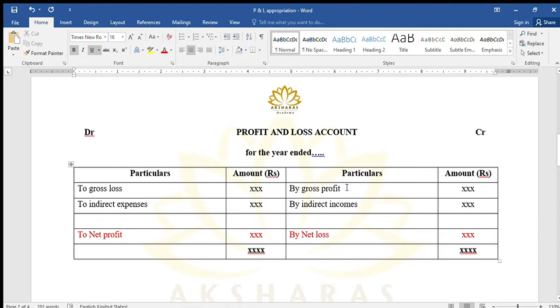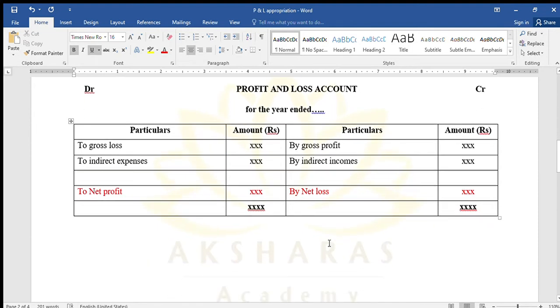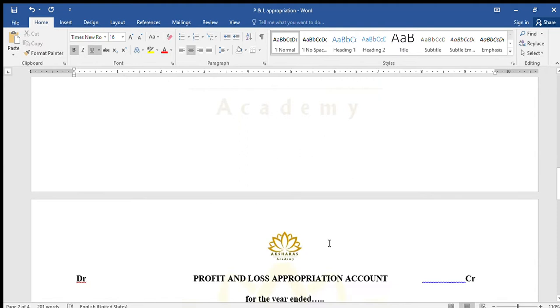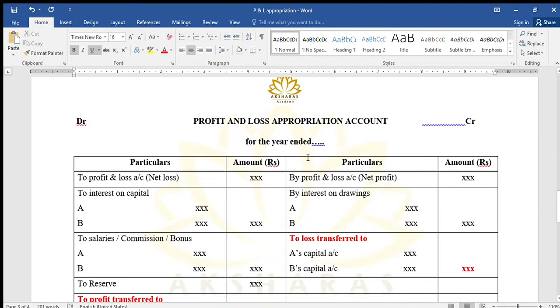Now this account is balanced, and the balancing figure may either be a net profit or it may be a net loss. The net profit or the net loss will be transferred to the profit and loss appropriation account. Again, this profit and loss appropriation account is a nominal account. So all expenses should be debited and income should be credited.